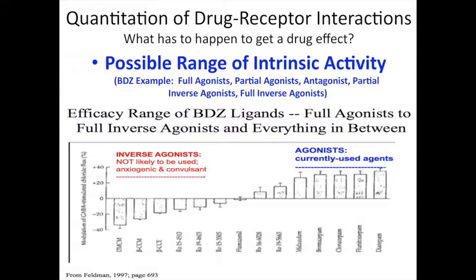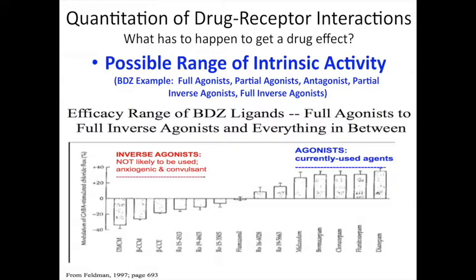Got a question? So her question was, what do I mean by +1 for intrinsic activity for the agonist? It's an arbitrary scale. The best you can do is +1. That is, intrinsic activity of +1 means that after that drug binds that receptor, it produces the biggest possible effect you can get at that receptor.